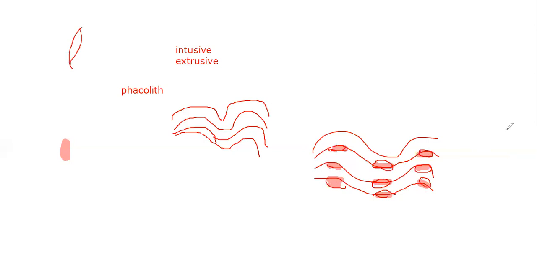Just remember that they're lens shaped and they're formed on top of anticlines and at the bottom of synclines in folded strata, right? So if you don't remember this, just draw it like this and form it on top here and below here, right?